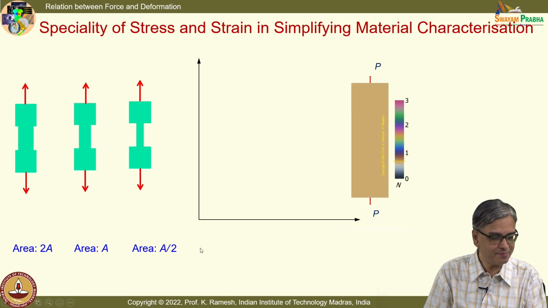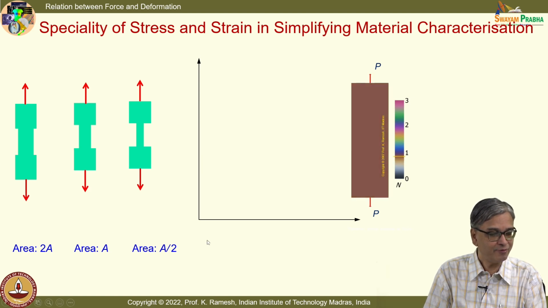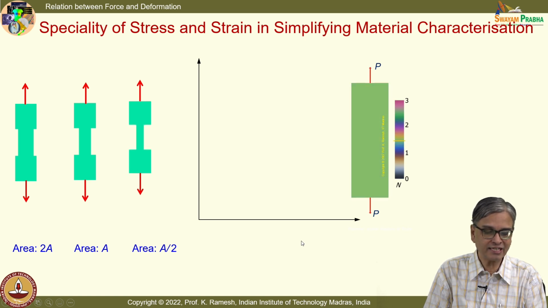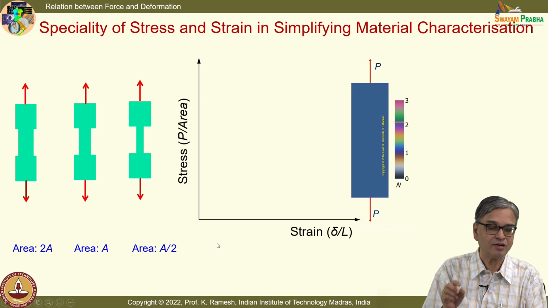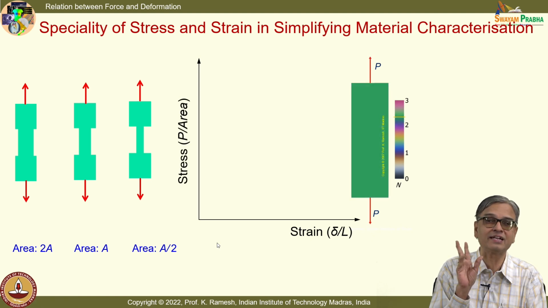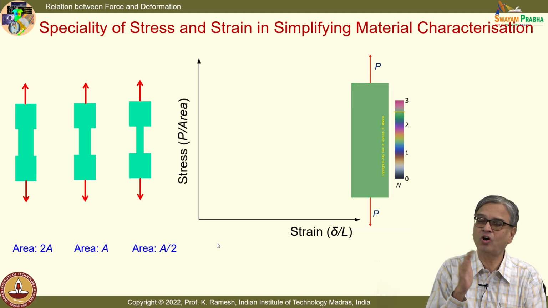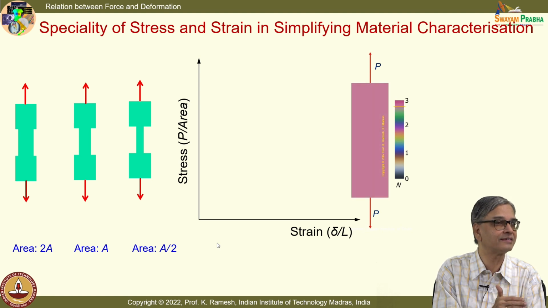I have the same experiment, I will pull it. I will plot on the x-axis the change in length divided by original length, and on the y-axis force divided by area. That is the only change I am going to make. All the other measurements are identical.